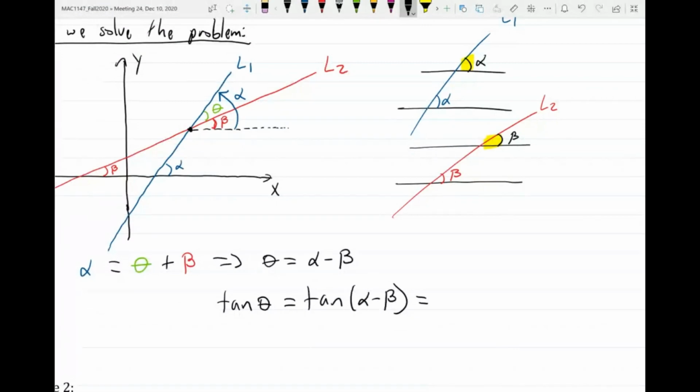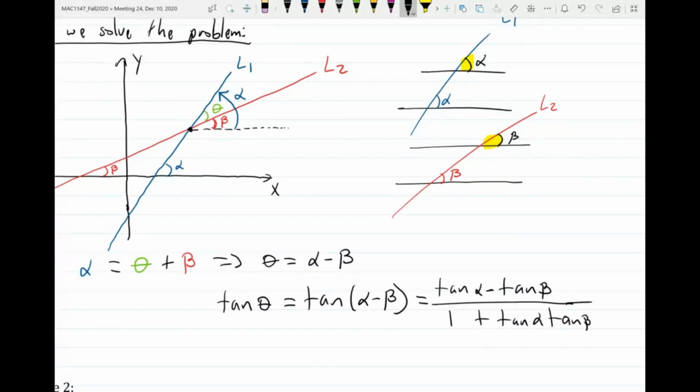You keep the sign on top because remember, tangent is sine over cosine. Sine respects whatever symbol you have, cosine flips it. So that's why the minus stays on top, but the bottom we need to flip: 1 plus tangent of alpha times tangent of beta.